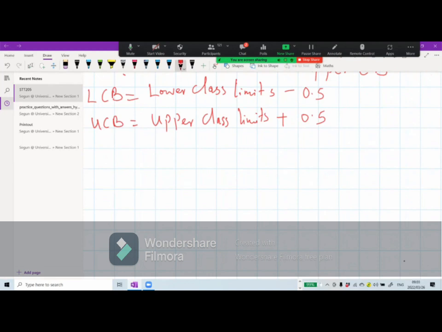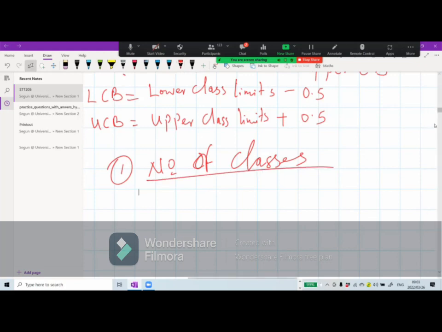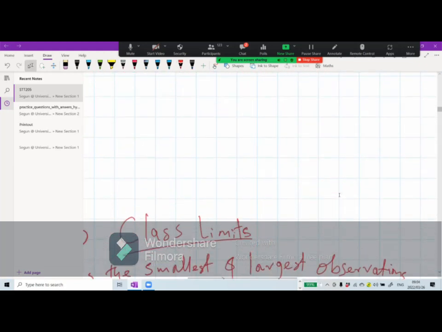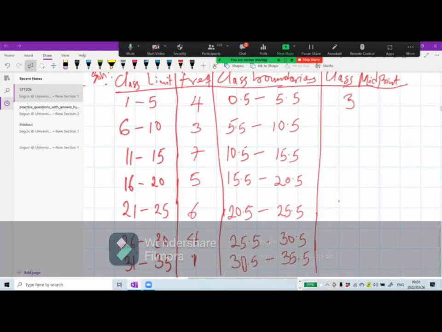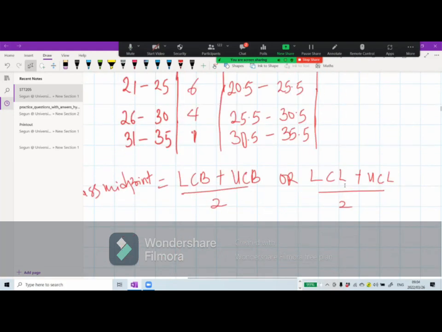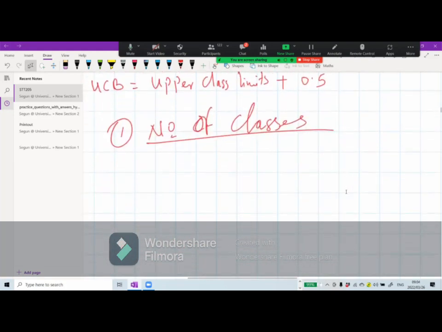The first step we need to do is to know the number of classes we want to have. Look at the one we did now. How many classes do we have here? Let's count them: 1, 2, 3, 4, 5, 6, 7. We have 7 classes.